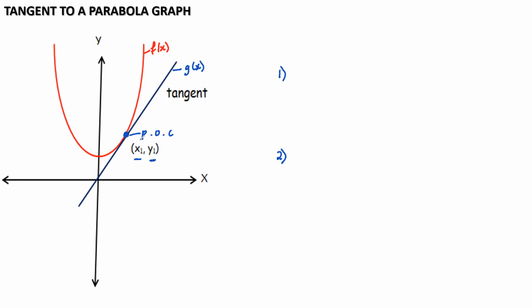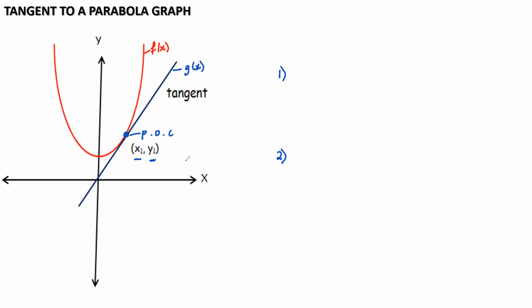So this particular coordinate is found on the tangent. It is found on the quadratic. So I need to get this right. This particular x1, y1, the point of contact, is available on f of x and also on the tangent. In other words, the point of contact, x1, y1, satisfies the equation of the tangent and also the equation of the parabola.